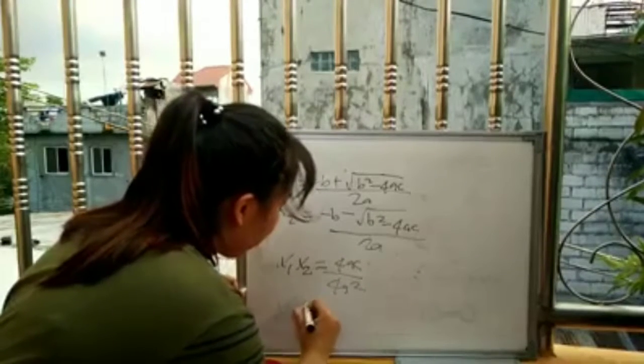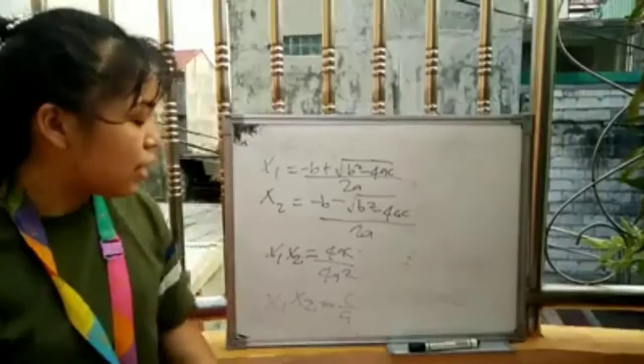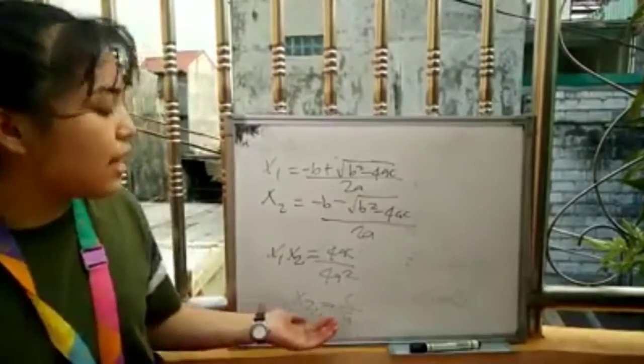It will become c over a. The product of the roots is c over a.